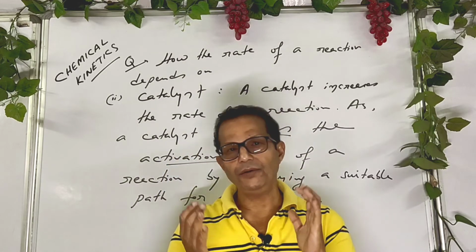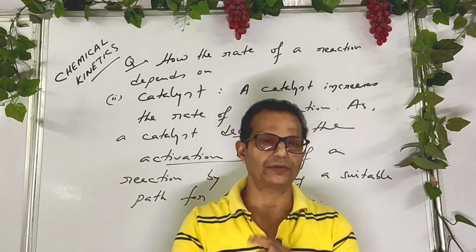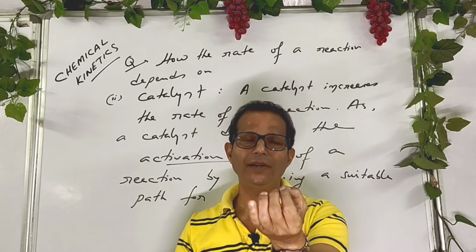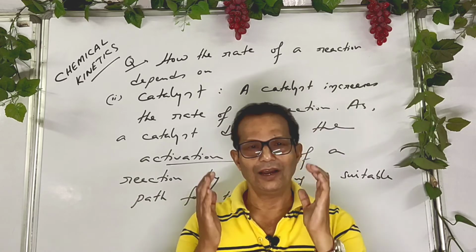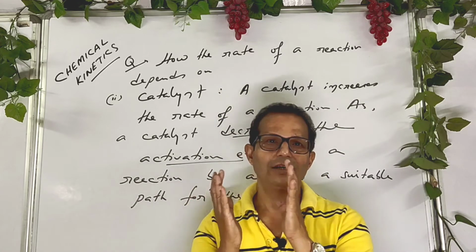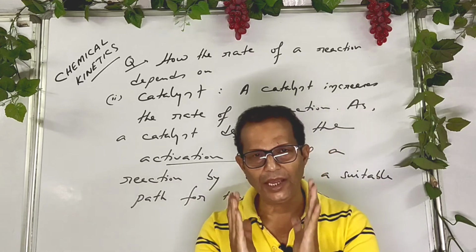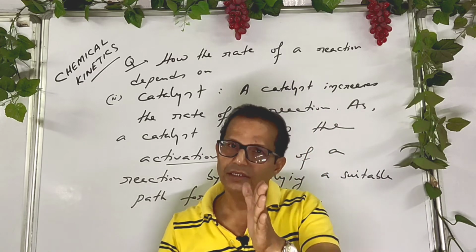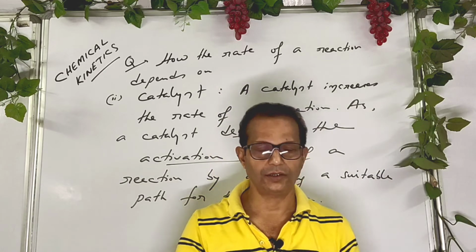But if you follow the steps, within a certain minute you will reach. A catalyst follows the steps, that is the shortcut way, so that the reactants easily change into product.